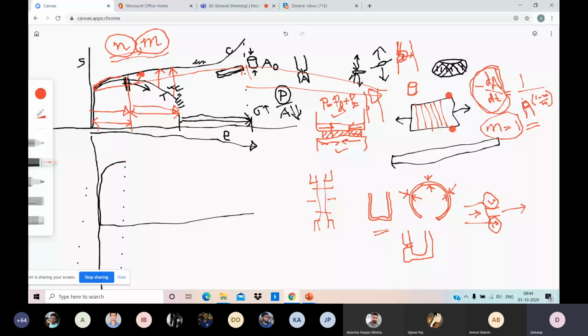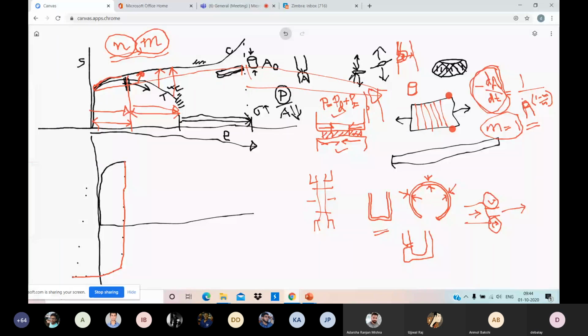Sometimes, suppose I apply tension first in the positive direction, and then I unload it and apply compression.